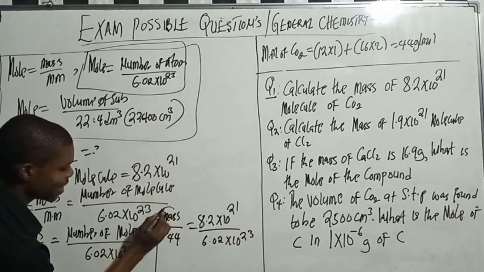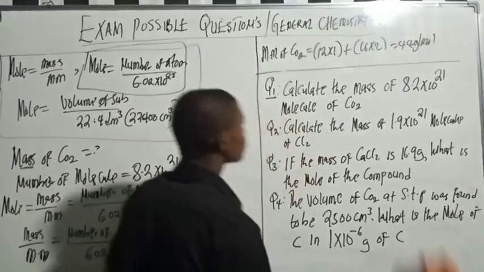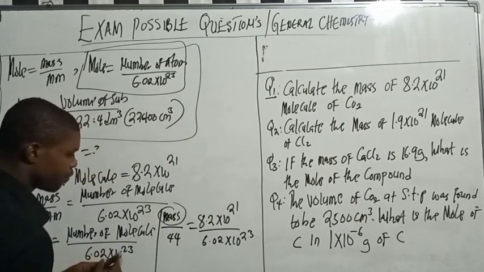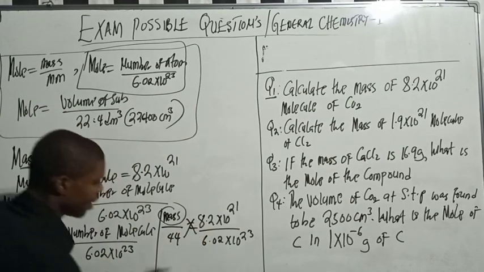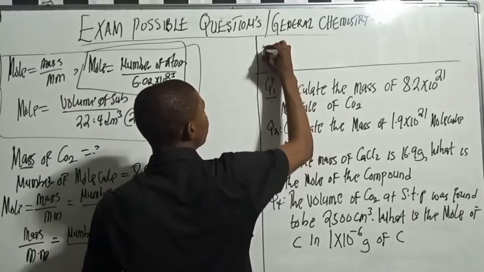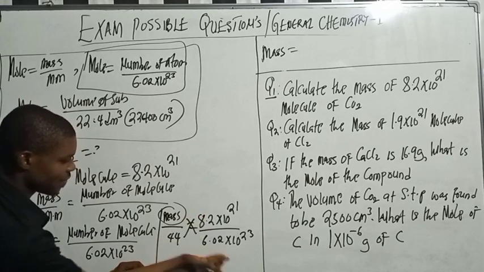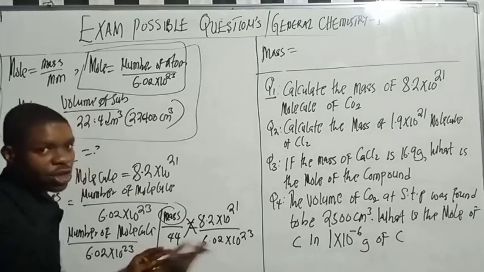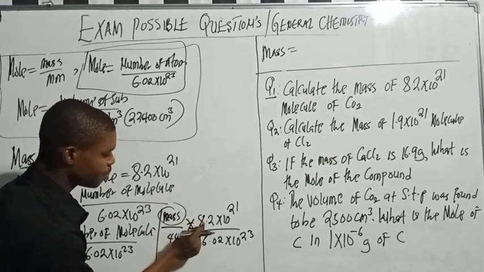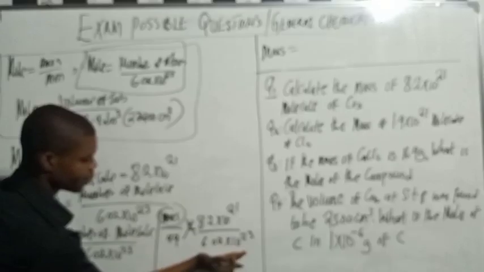So if you make mass the subject of the formula and cross multiply, what will happen here? Now you have mass equals this times that divided by this, right? When you cross multiply in normal mathematics, we go to 44 times 8.2 exponential 21, divided by 6.02 exponential 23.